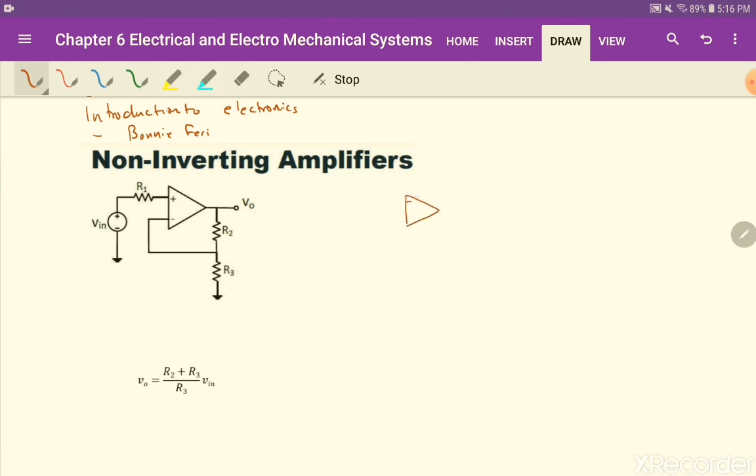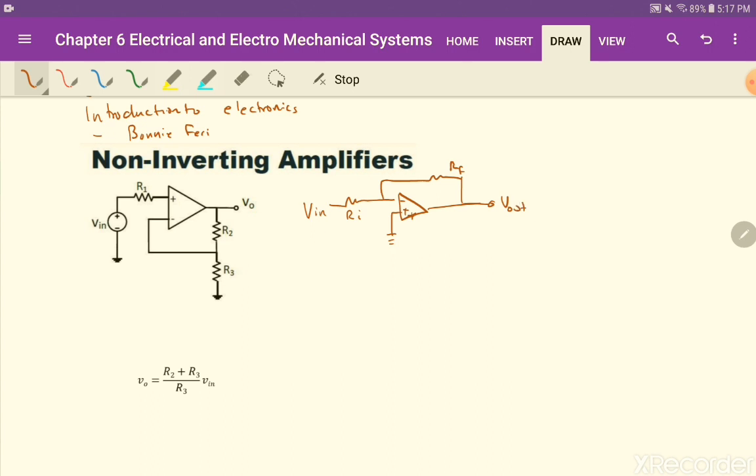We had minus, plus, a V in going in with the resistor R I, and then here you have R F, and your V out. That was our configuration.